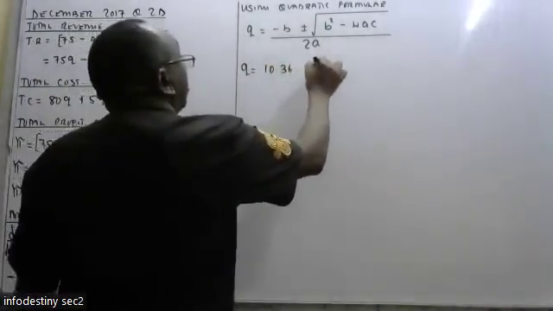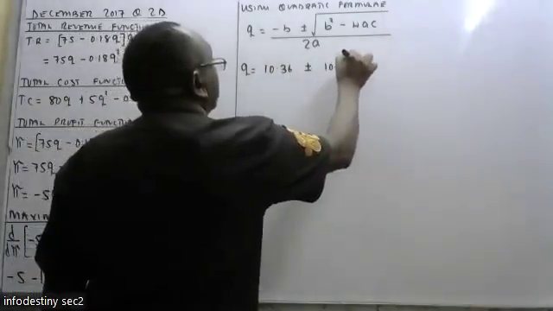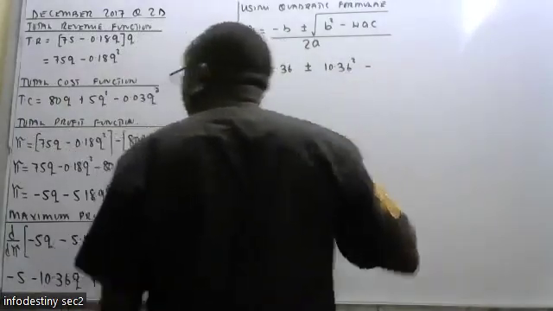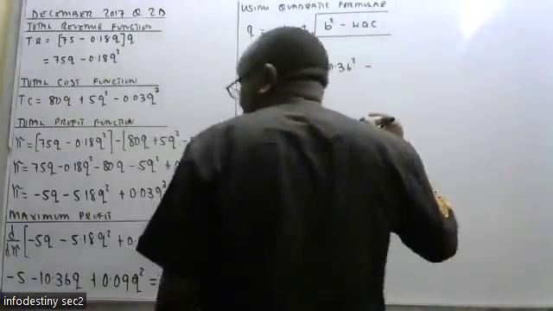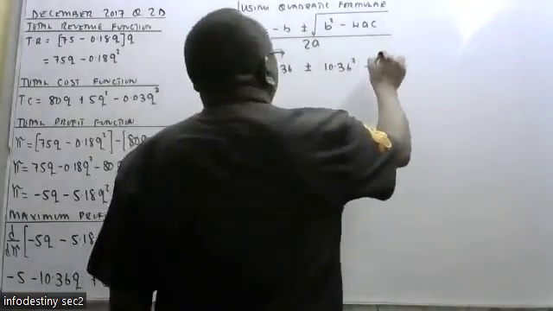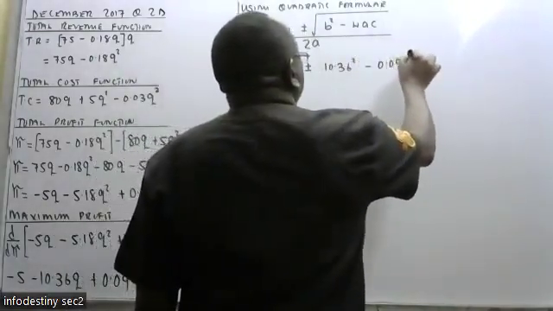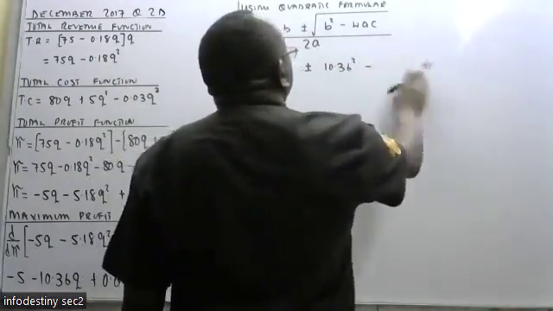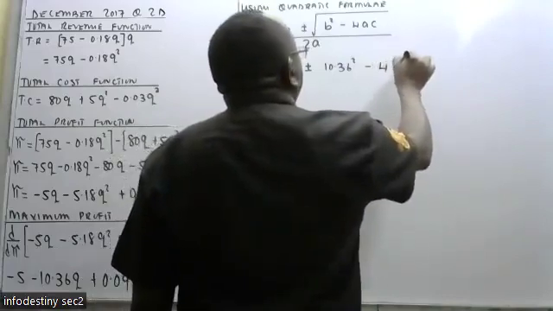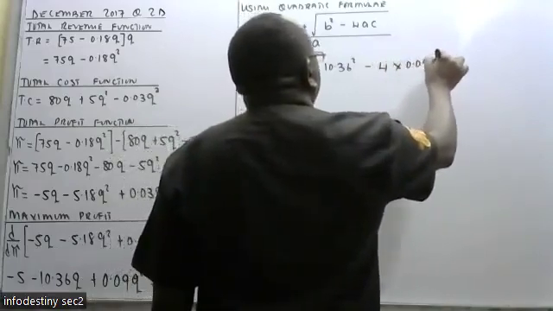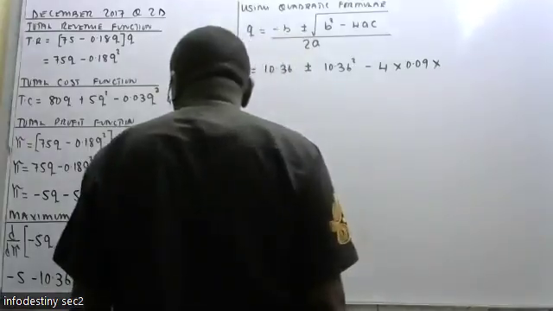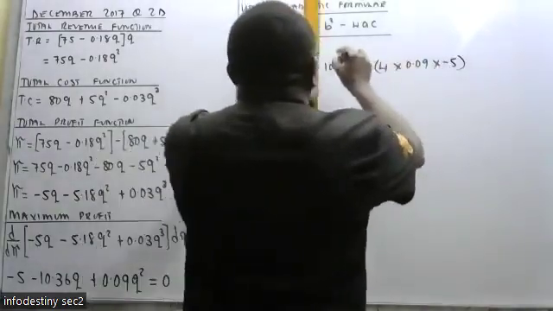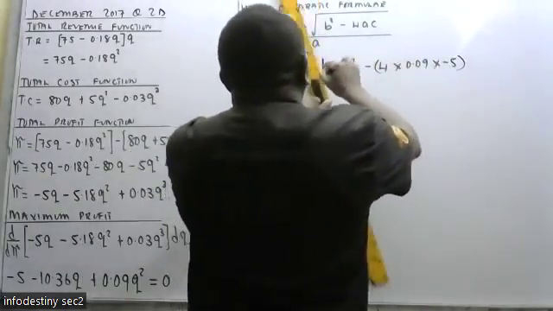So 10.36 plus or minus the square root of 10.36 squared minus 4 times A, which is 0.09, times C, which is minus 5.